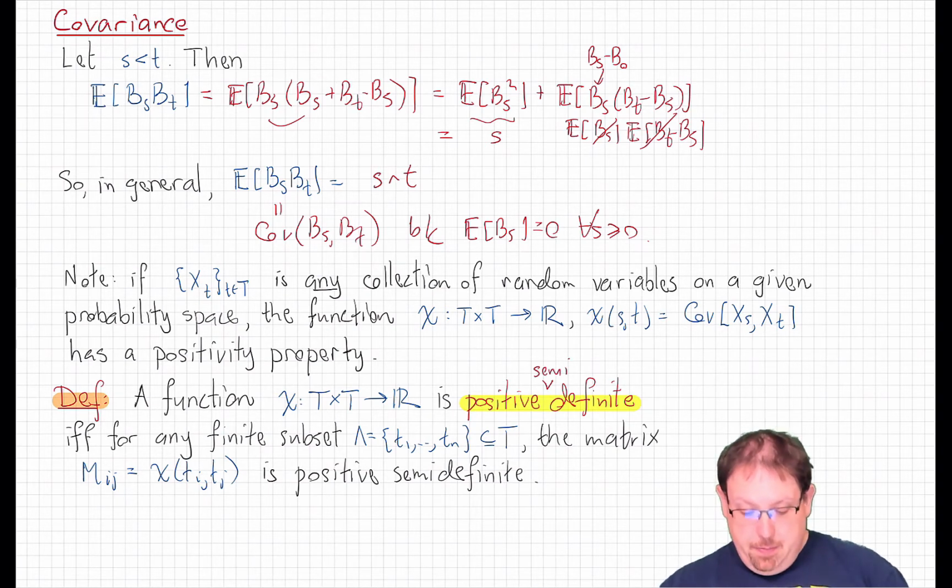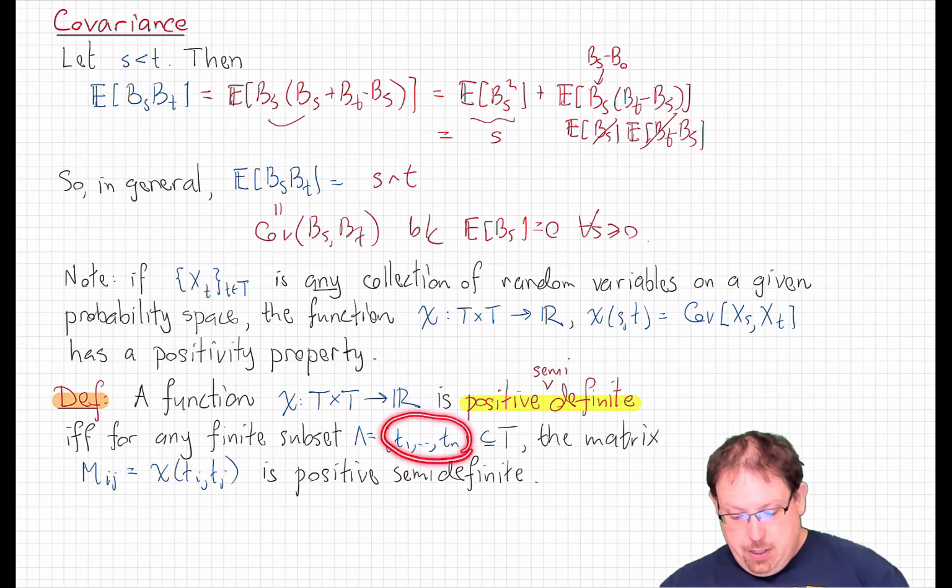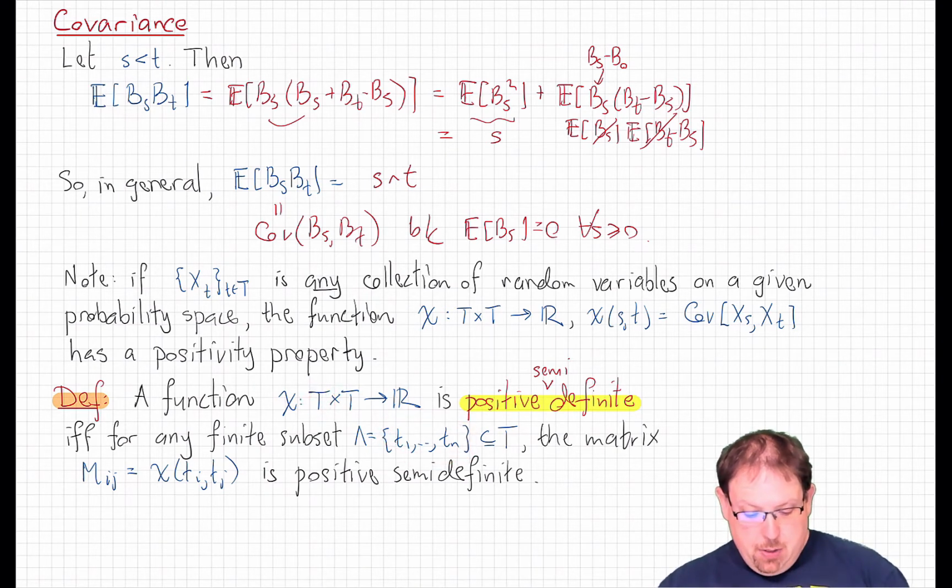What does that mean? Here's the definition. A function of two variables is called positive definite if, for any finite collection of times in that set, the matrix which you form by taking the function at any pair of those times, like this, is a positive semi-definite matrix. What does it mean to be a positive semi-definite matrix?